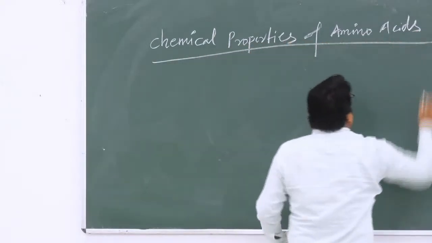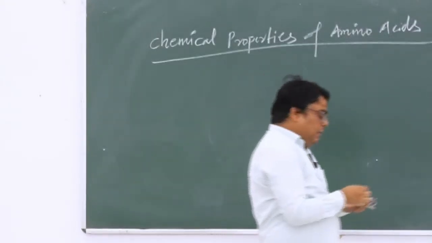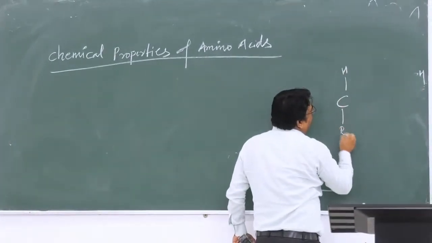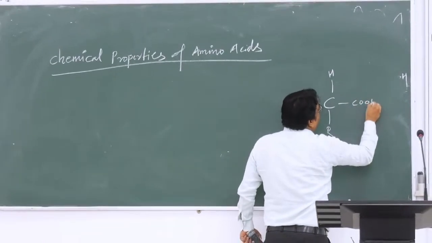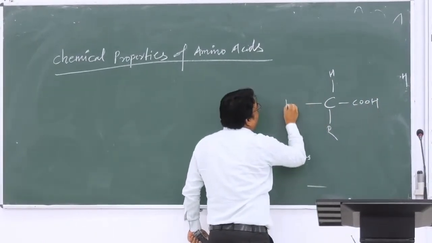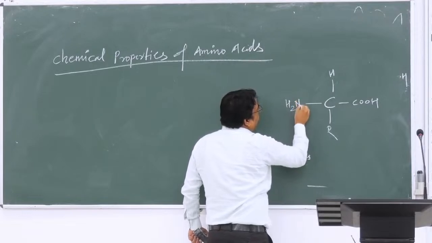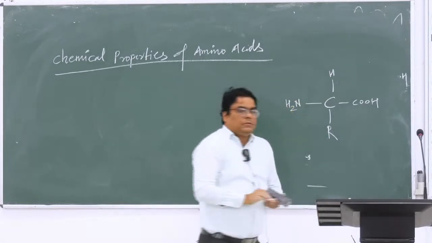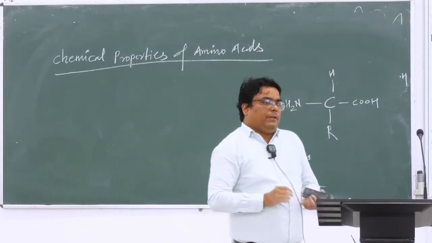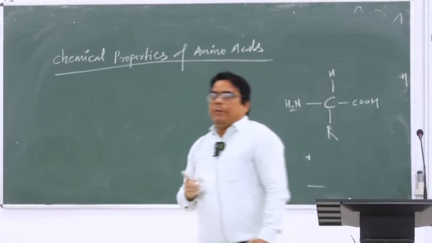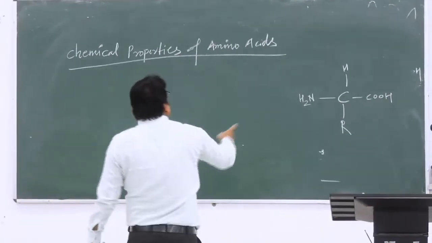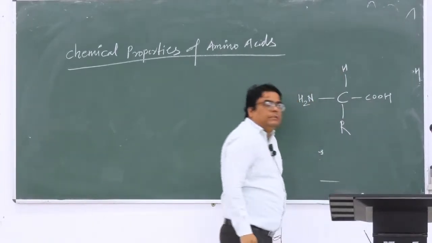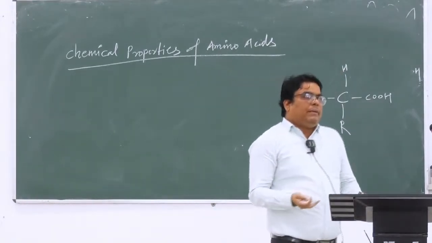Chemical properties of amino acids. The chemical properties of amino acids depend on what? On their groups. What happens in the chemical properties?